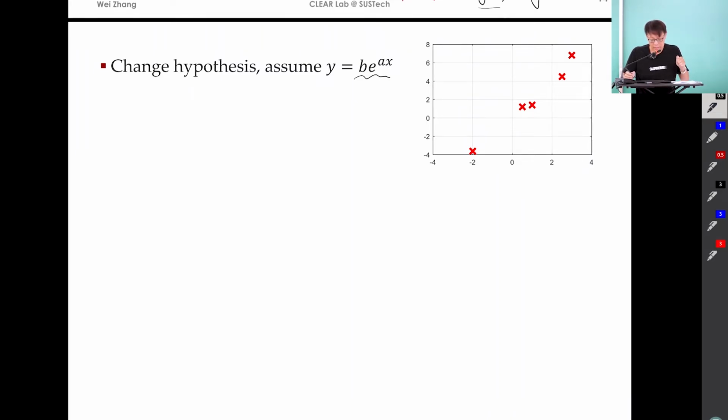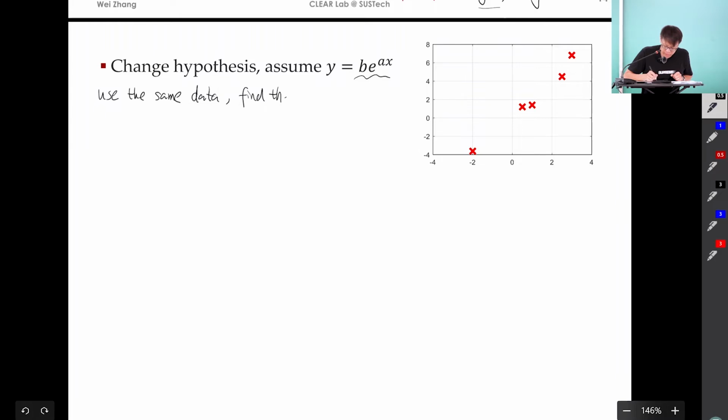I want to say, can you find the best, let's say, use the same data. Same data, find the least square estimate for A and B here.